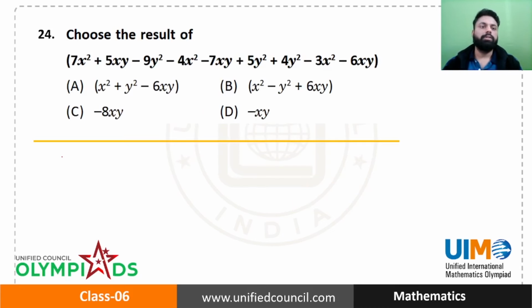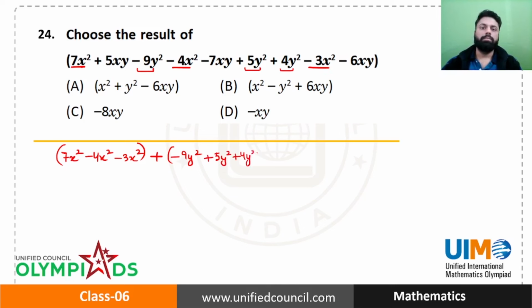Choose the result of this. So see, 7x square, then minus 4x square, we will collect the like terms, then minus 3x square, plus minus 9y square, plus 5y square, plus 4y square, plus 5xy, minus 7xy, minus 6xy. 7 minus 4 is 3, minus 3 is 0.